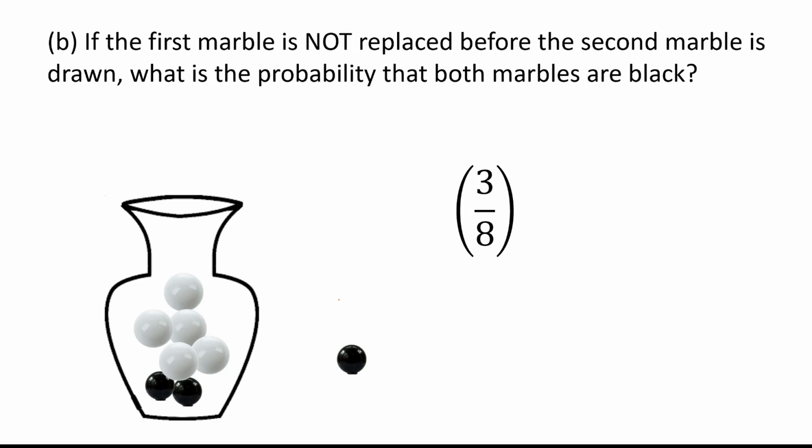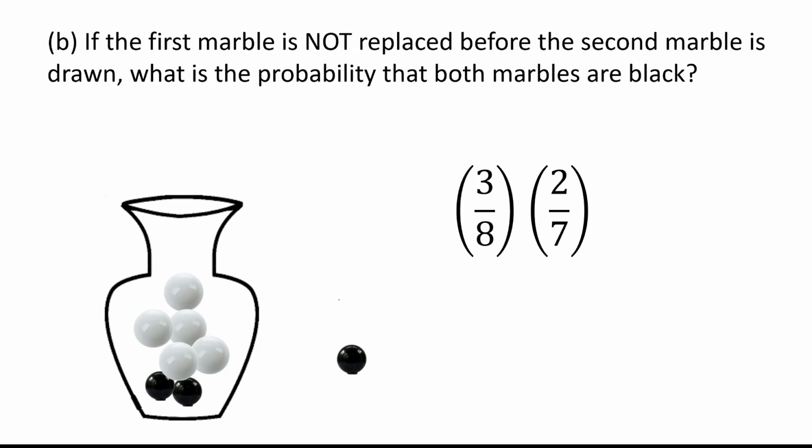So the probability on the second draw is different because that first event affects the second event. Now when you pull that second marble out, there's only 2 blacks in there and only 7 total marbles. So the probability of pulling a black on the second draw is only 2/7. 7 total marbles, only 2 of them are black.